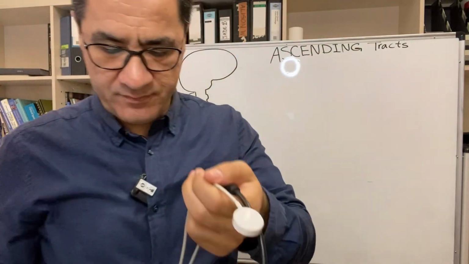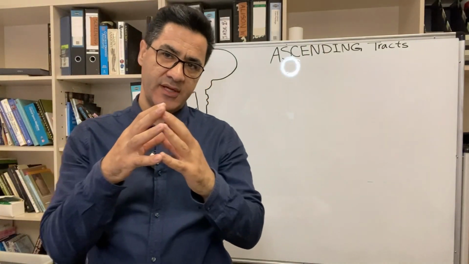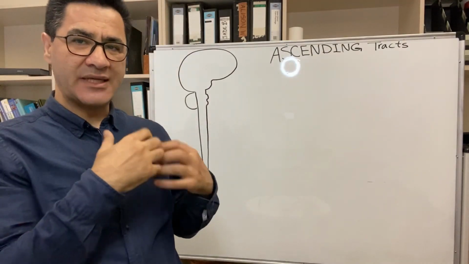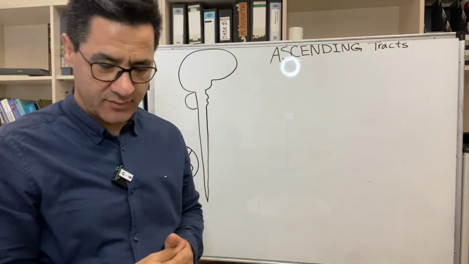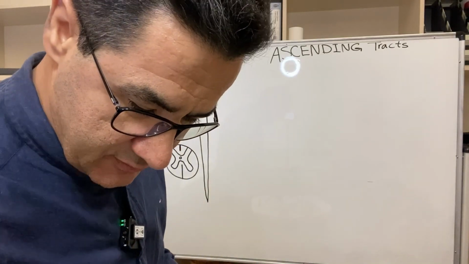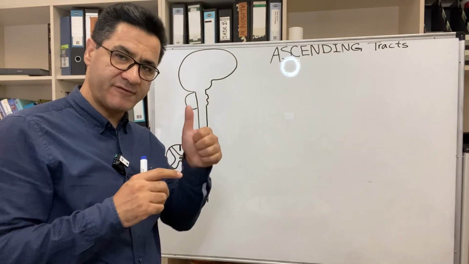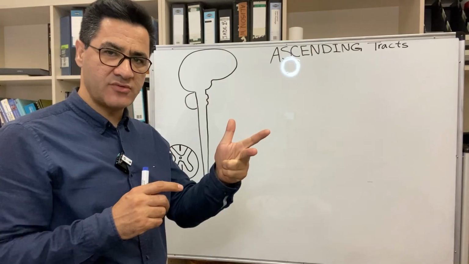So 3 neurons synapse to each other and make a chain, or a tract, to allow the action potential to go up to the brain. We have first order neuron, second order neuron, and third order neuron.